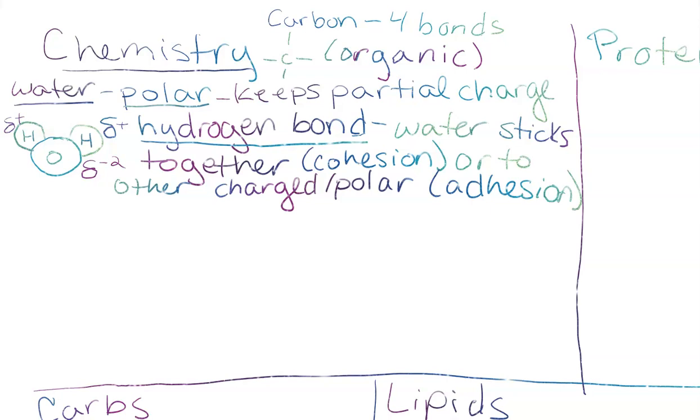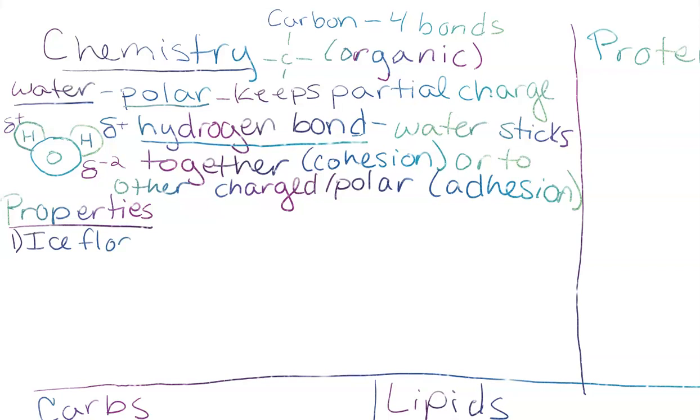All right, so let's go through our laundry list of properties of water. All of the properties of water are the result of water being polar and having the ability to form hydrogen bonds. The first one you need to know is that ice floats.